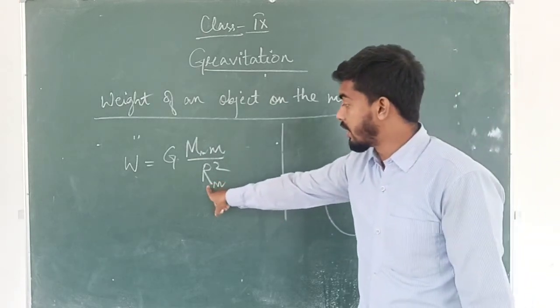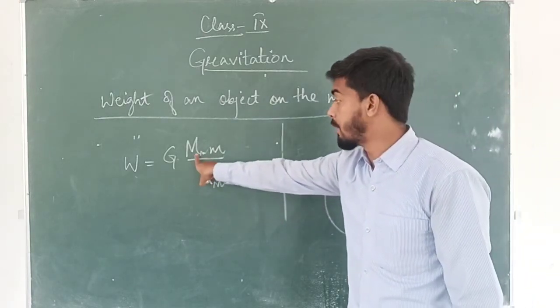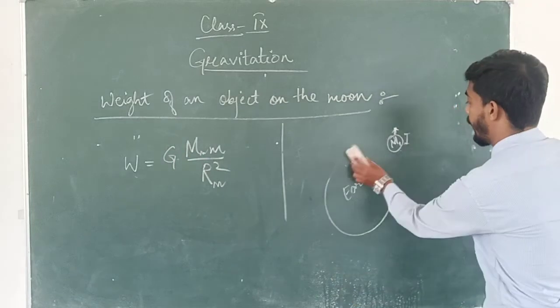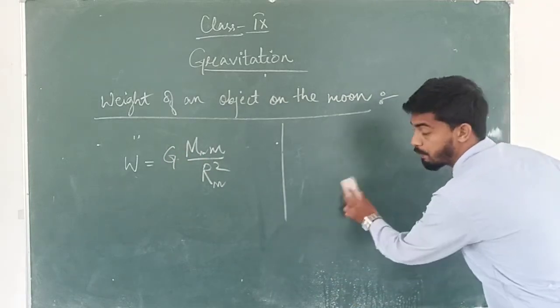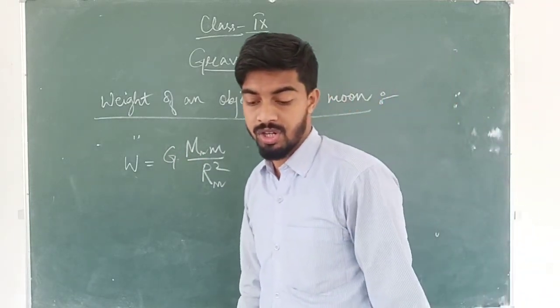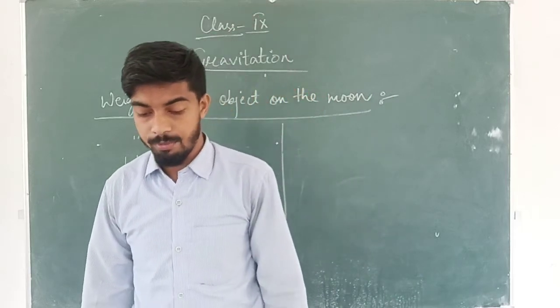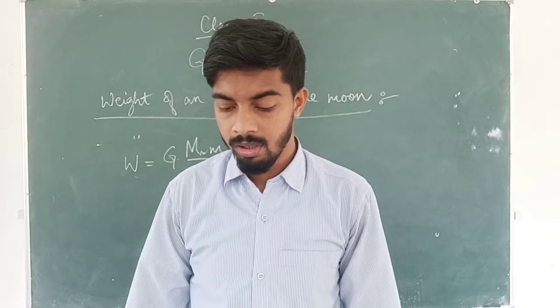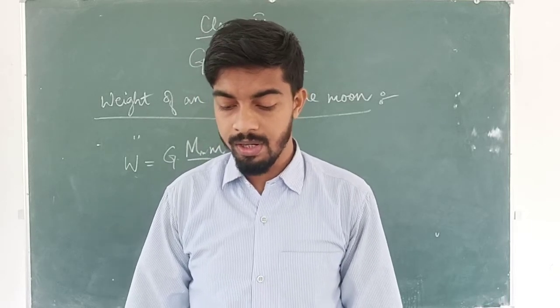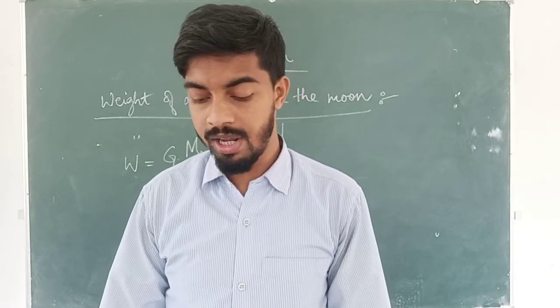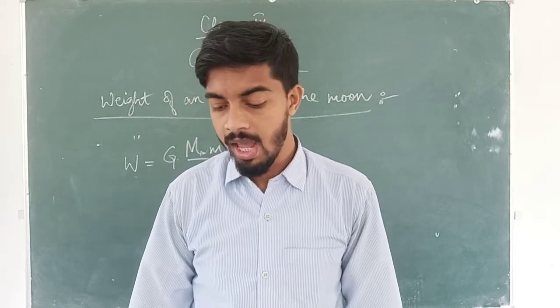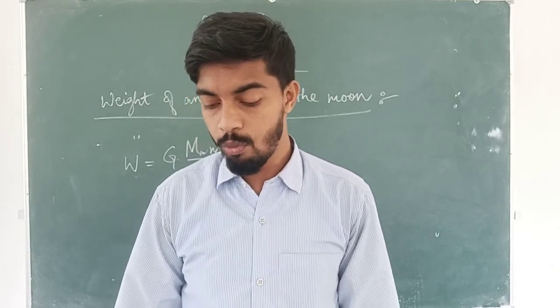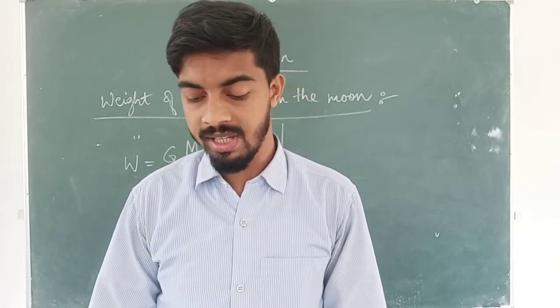So the radius of the moon and the mass of the moon will be taken. Putting in the values given in the book, page number 137, table 10.1, the mass of the moon is 7.36 into 10 to the power 22 kg, and the radius of the moon is 1.74 into 10 to the power 6.